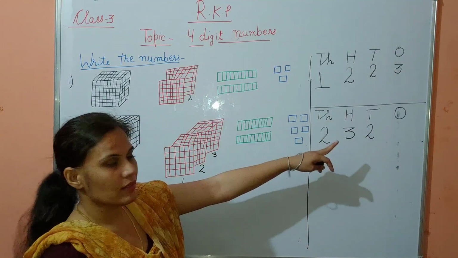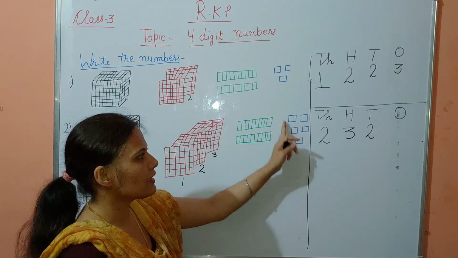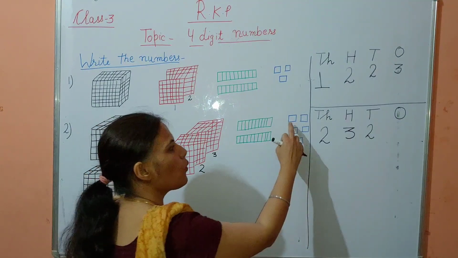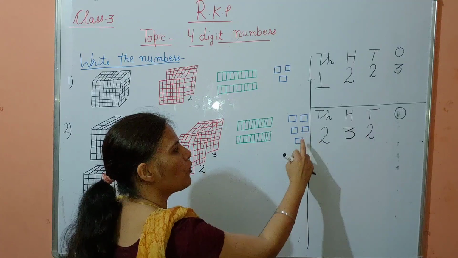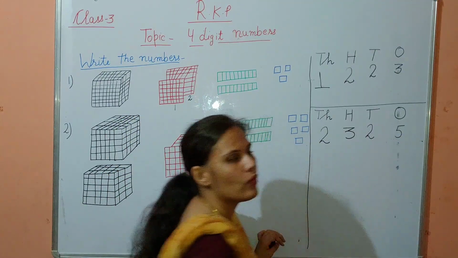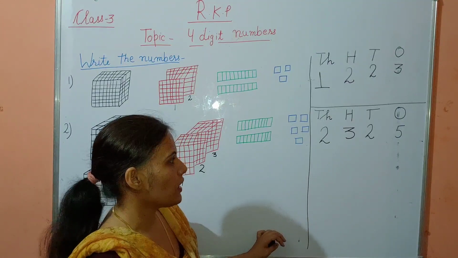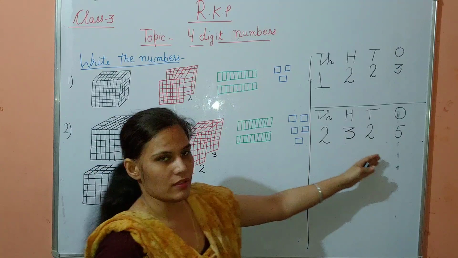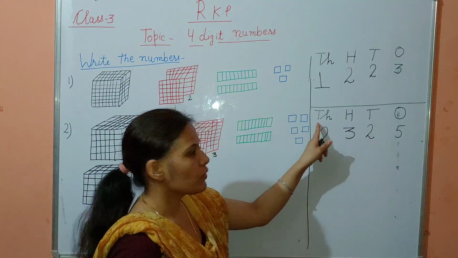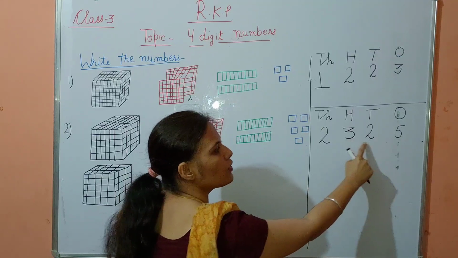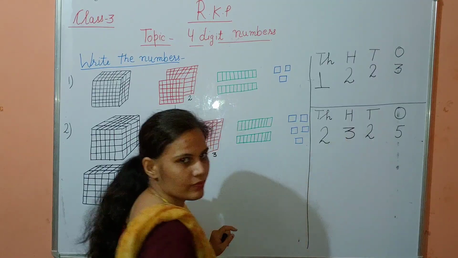And at ones, how many boxes are there? This represents the ones place. How many boxes are there? 1, 2, 3, 4, 5. So 5 will come on the ones place. In this way, with the help of these pictures, you can write the numbers. Now you can read it: 2325.